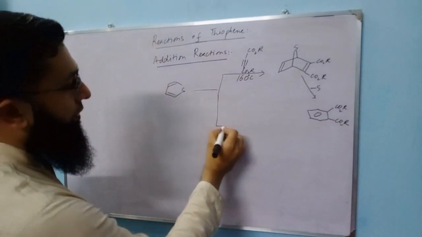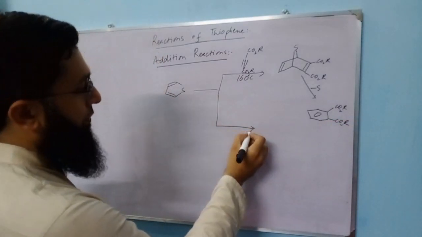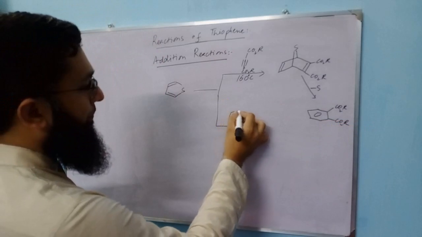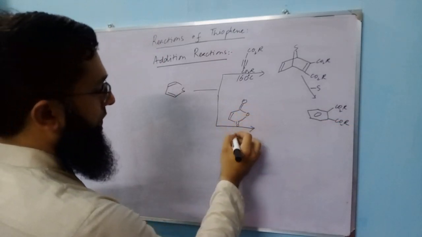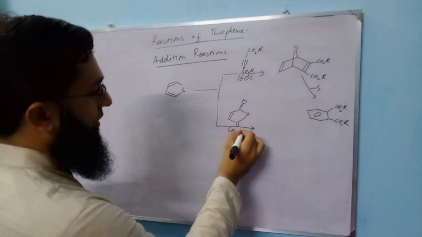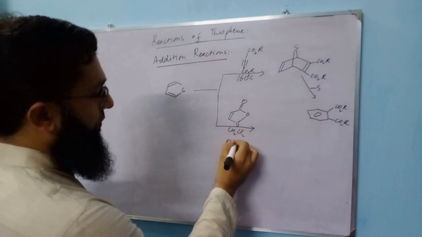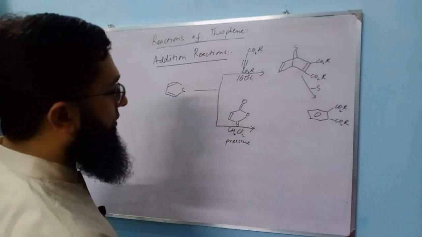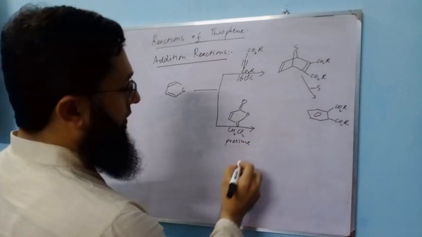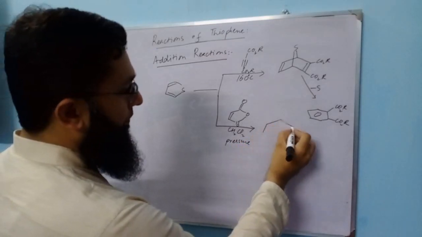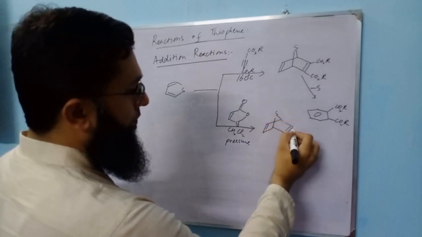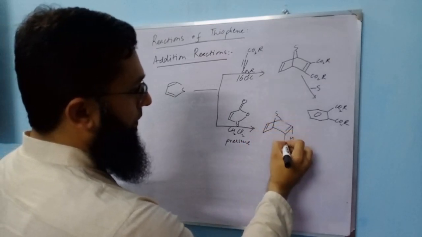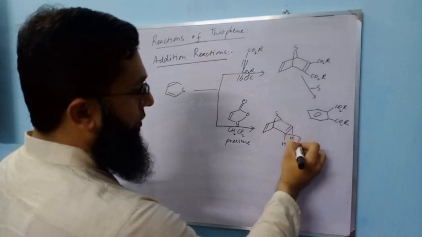This can also react with maleic anhydride in dichloromethane, and pressure is used to carry out this reaction, and we get this product.